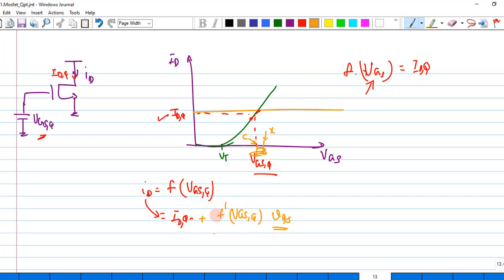So now let us try to figure out this particular term. Now how do I do this differentiation? What I'm actually doing is that the f prime of VGS is nothing but the derivative of this quantity, derivative with respect to which variable? Yeah, VGS, okay? So this is evaluated only at a spot where VGS is equal to capital VGS.